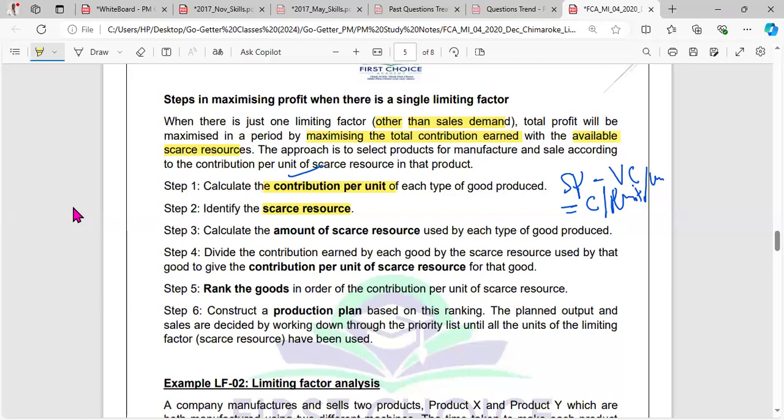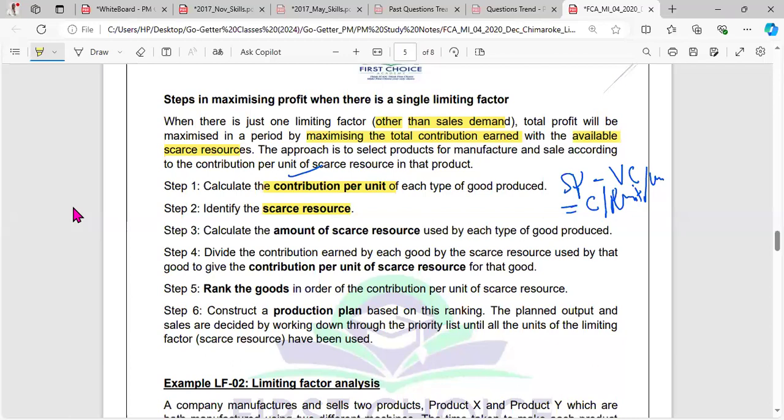We did it ourselves to identify that machine 1 is the scarce resource. How do you do that? You look at the required versus the available. If the available is more than the required, it's not a scarce resource. But if the availability is less than the required, there is scarcity. Identify the scarce resource.